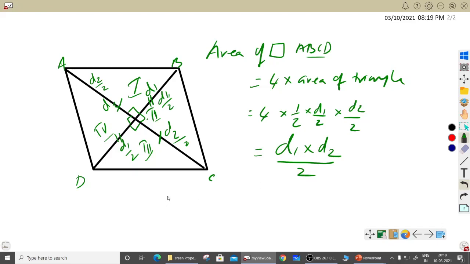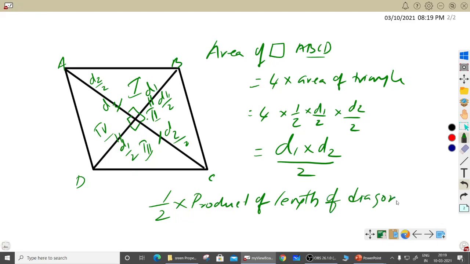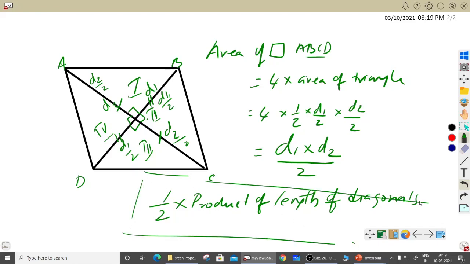So we write half into the product of the lengths of the diagonals, where D1 and D2 are diagonals. This is the formula to find out the area of a rhombus. The area can be calculated by half into the product of the length of diagonals.